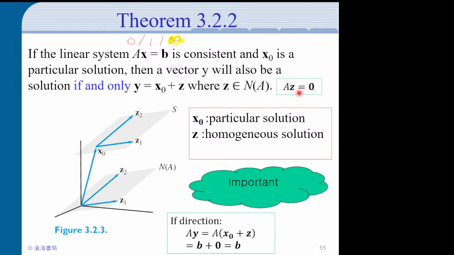So you can add any solution to Az equals 0, and you will get another solution to Ax equals b. And the proof is here.